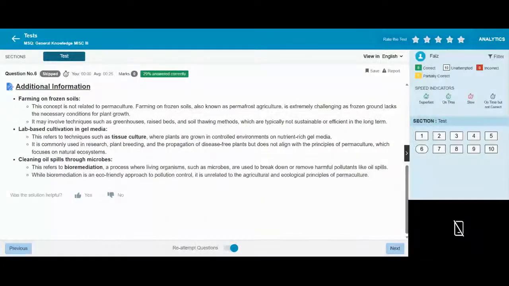This technique uses nutrient-rich gel media, mainly in research, plant breeding, and the propagation of disease-free plants, and does not align with the principles of permaculture, which focuses on natural ecosystems. Being oiled by microbes refers to a bioremediation process where living organisms and microbes are used to break down different wastes.